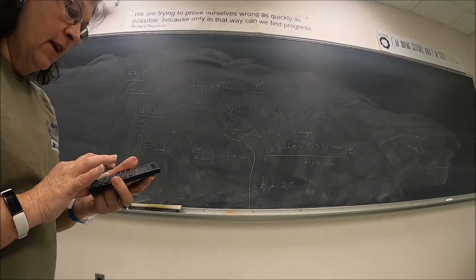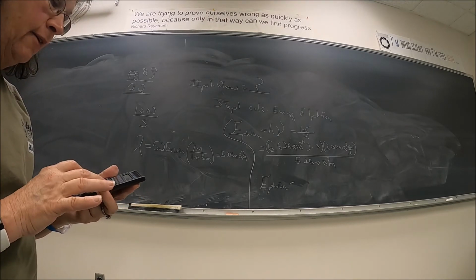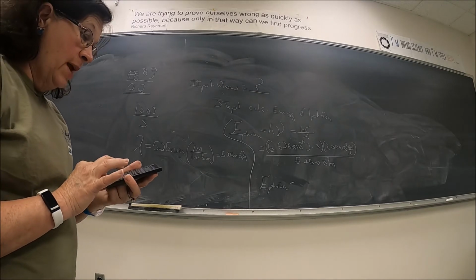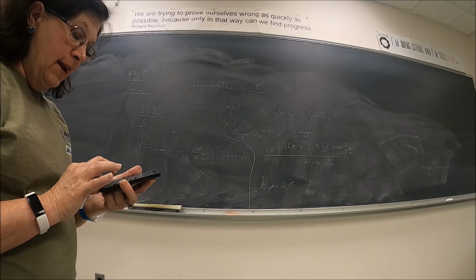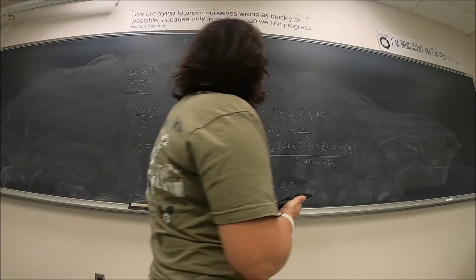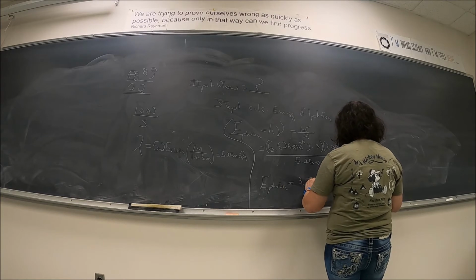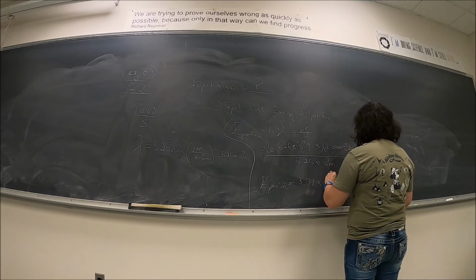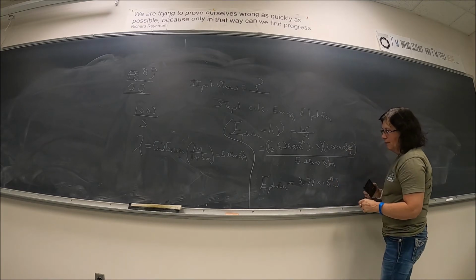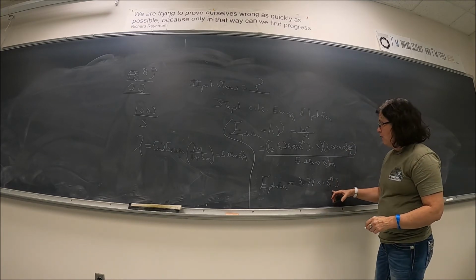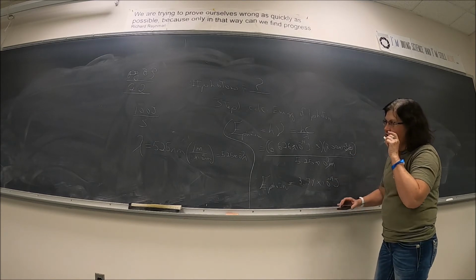I get the energy of a photon to be 3.79 times 10 to the minus 19 joules. Notice the meters and meters divide out. Now that's energy of a single photon, 3.79 times 10 to the minus 19 joules.